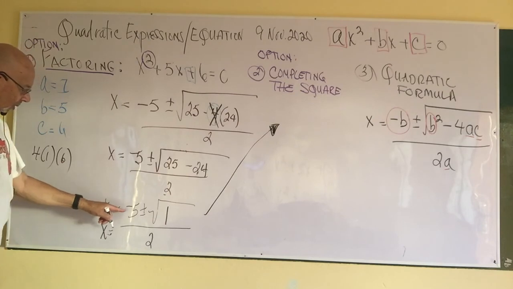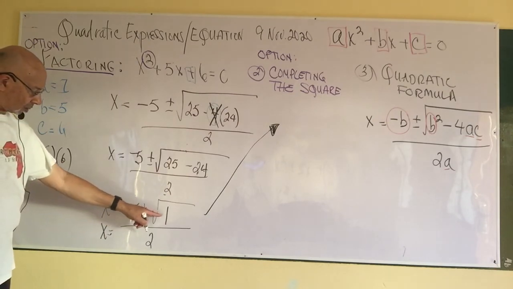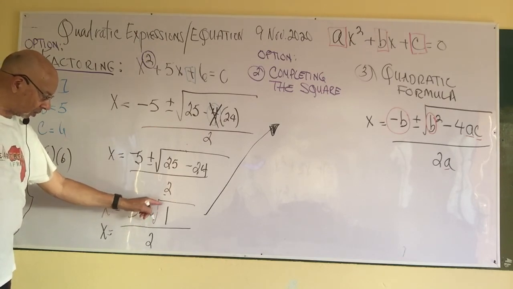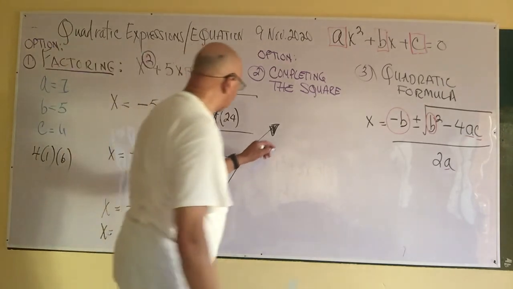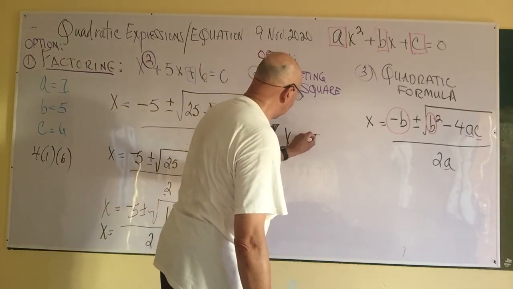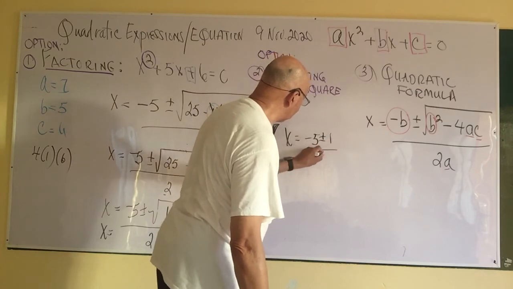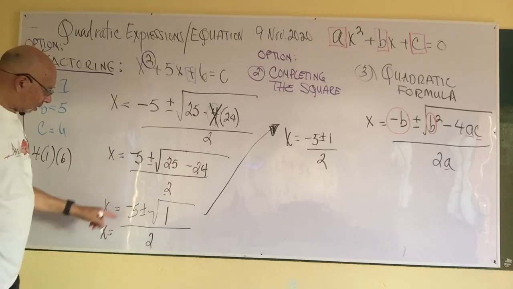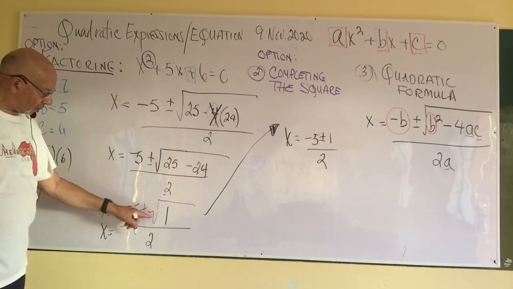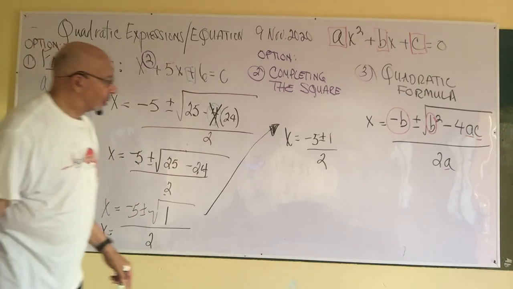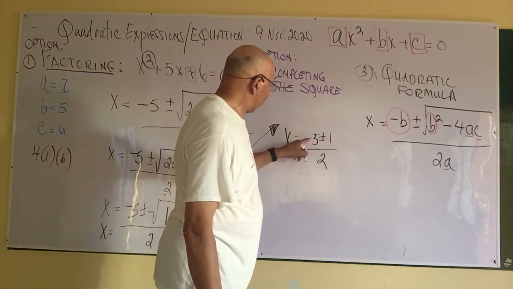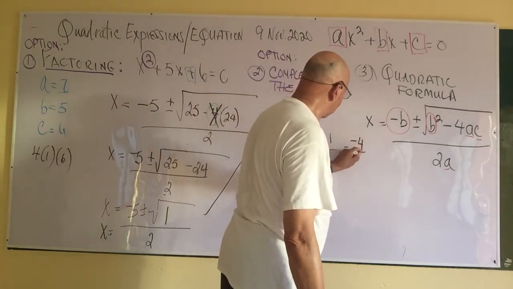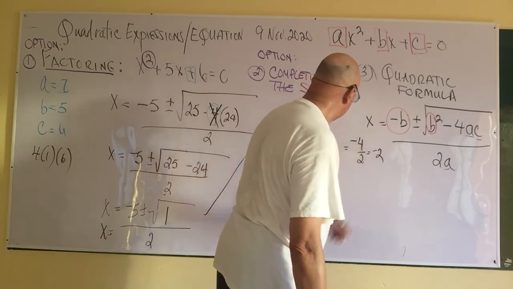So now x is going to be equal to minus 5 plus or minus 1. I can get rid of this square root sign. So x will equal negative 5 plus or minus 1 over 2. That makes sense? Negative 5 plus or minus 1 over 2. So if 1 is positive, I have negative 5 plus 1 is negative 4 over 2, which is negative 2.